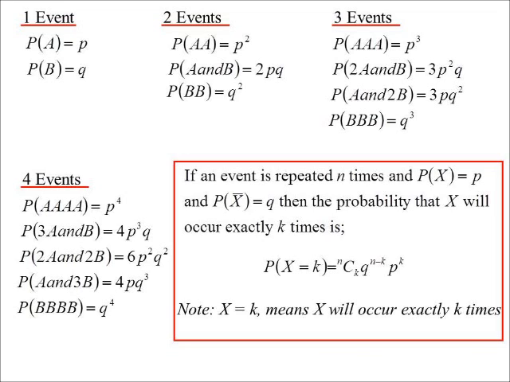NCK, probability of happening to the power of K, probability of it not happening to the power of N minus K. So our notation there, probability X equals K simply means X will occur exactly K times.